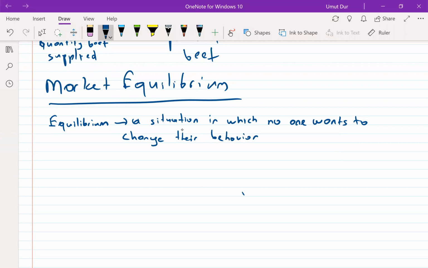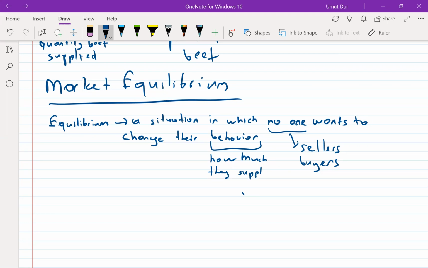So what do we mean here in economics? If you are looking for the market equilibrium, the people will be the sellers and buyers, and their behavior is how much they supply and demand.